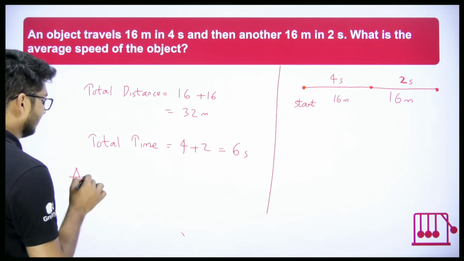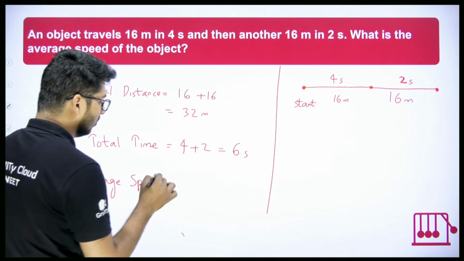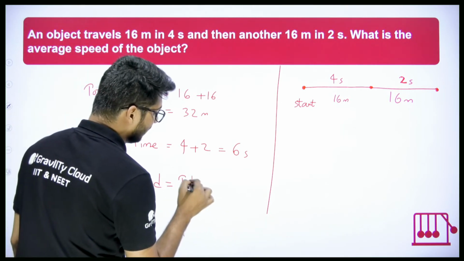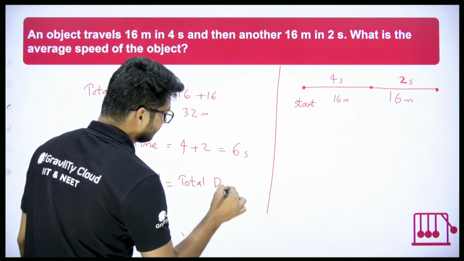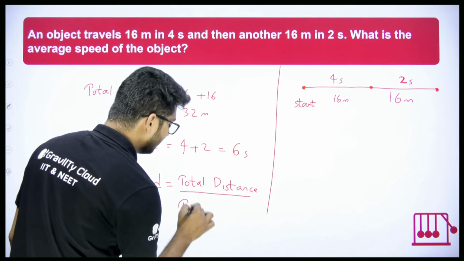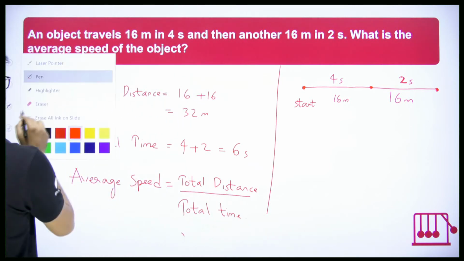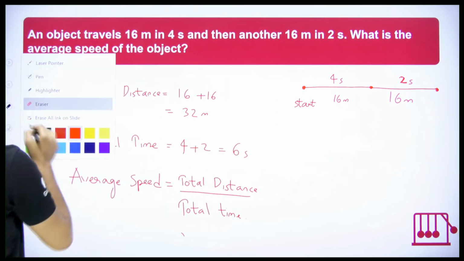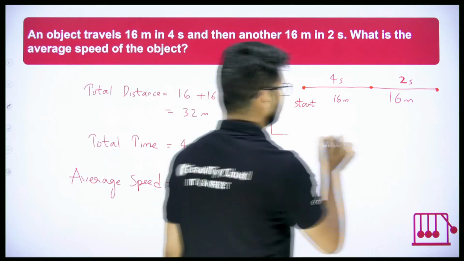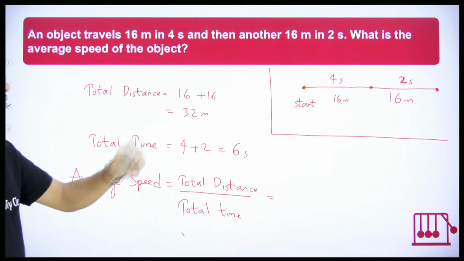Then after that, it's a very simple formula. Average speed is equal to total distance by total time. So if I keep this in mind, what is total distance? 32 meters.